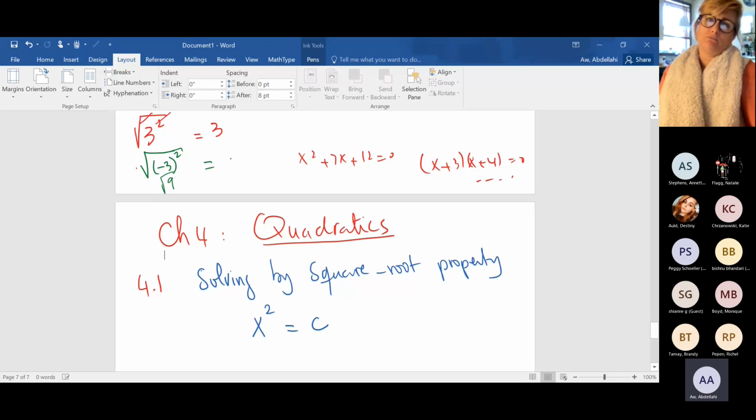3. It's 3. You see, it means the square root, when the square is outside and the square is inside, they don't exactly really cancel each other unless the number is positive. When the number is negative, it's going to give you the opposite. You see, 3 is the opposite of negative 3. So the actual formula is square root of x squared is either positive x or negative x.